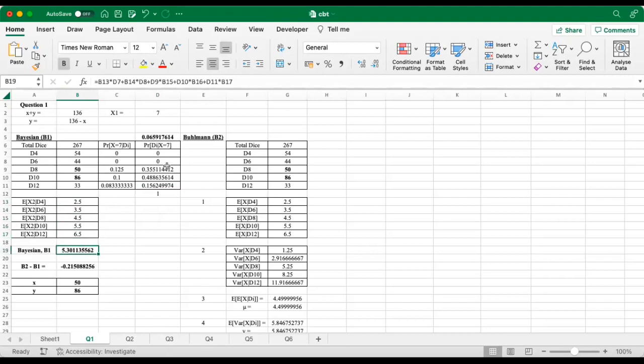For Bayesian, the formula multiplies the expected value of the second roll given die 4 by the probability of die 4 given the first roll X equals 7, and adds them up for all dice: 4, 6, 8, 10, and 12 sides. That is the expected value for Bayesian.